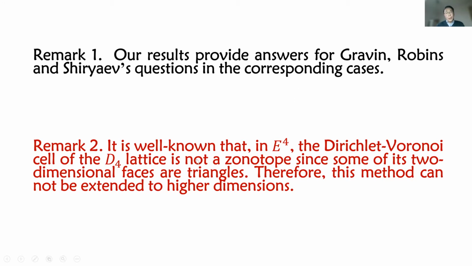Also, as I already emphasized several times, we were successful in 2 dimensions and 3 dimensions, but in high dimensions it is impossible, since it is very well known that in 4 dimensions the Dirichlet-Voronoi cell of the D4 lattice is not a zonotope, since some of its 2-dimensional faces are triangles.